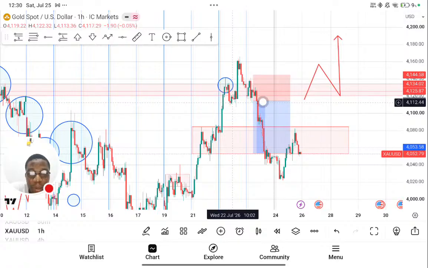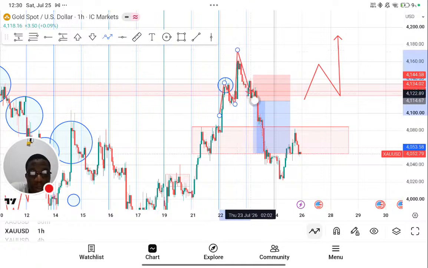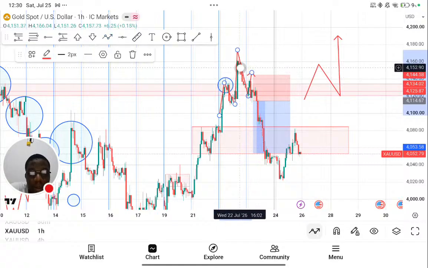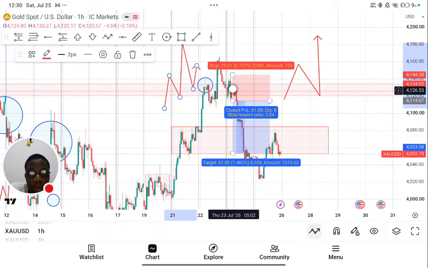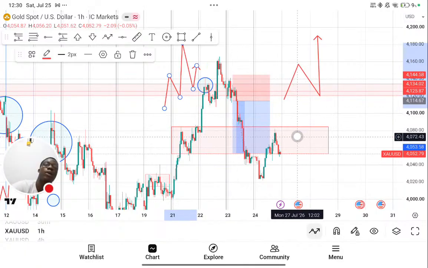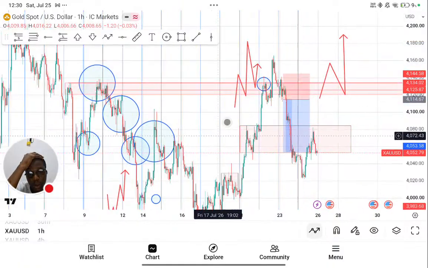Look at how it looked like what was happening. Price came, it wanted to break, it couldn't, it went. So people would have been assuming that it was coming for a retest, which it had already started obeying if you look at it, but then the sellers were more present here, and that caused the market to drop.